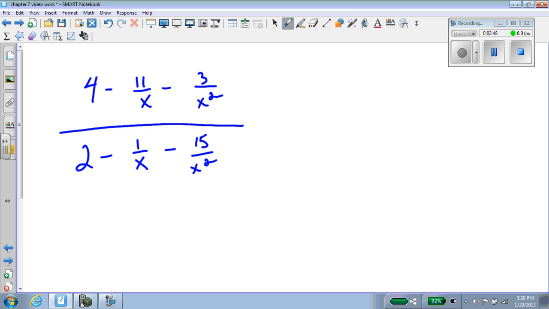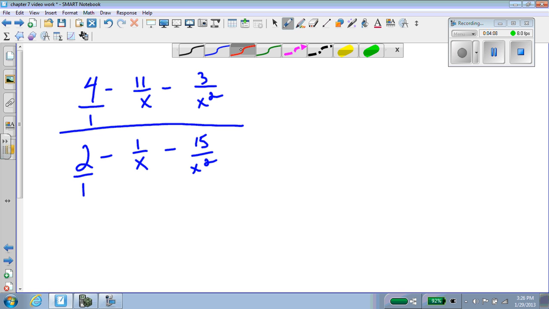Uh-oh. I have 3 fractions in my numerator, and I have 3 fractions in my denominator. So I need to make this into 1 fraction in my numerator and 1 fraction in my denominator. I think the common denominator is x squared.